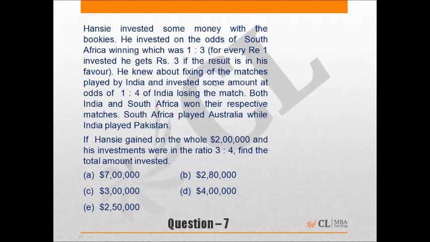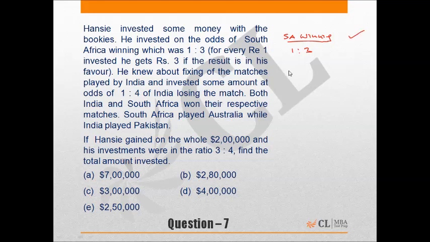Hansi invested some money with the bookies. That data is still the same. Just to repeat the data, South Africa winning is what he had placed a bet on at odds of 1:3, and South Africa won.